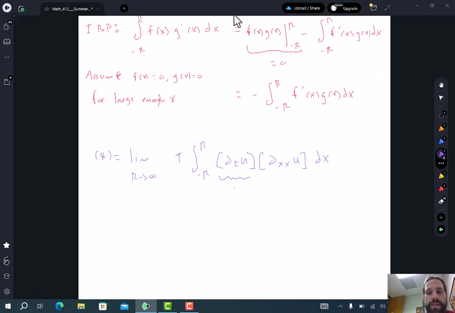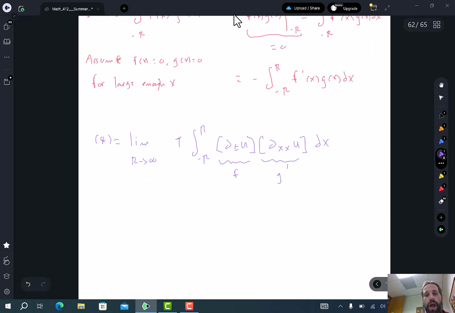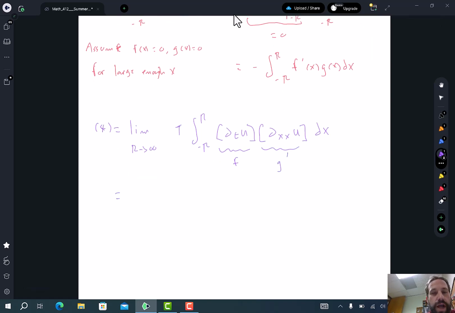I'm saying this is going to be my f, and this is going to be my g prime. So now this is equal to the limit as r goes to infinity, with t on the outside, f times g, so it's going to be the partial derivative of u with respect to t.